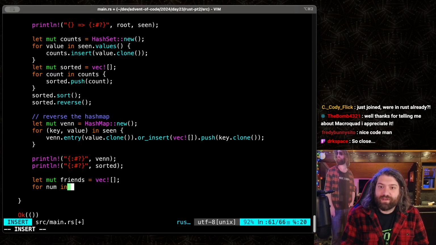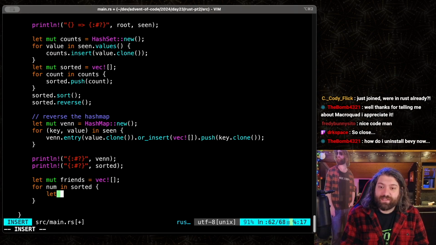For num in sorted. I'm absolutely very close. For num in sorted, let subset equals then at num.